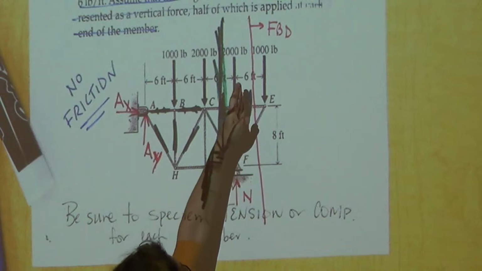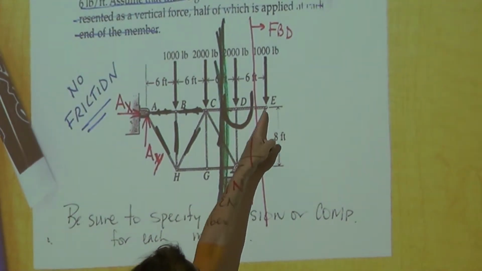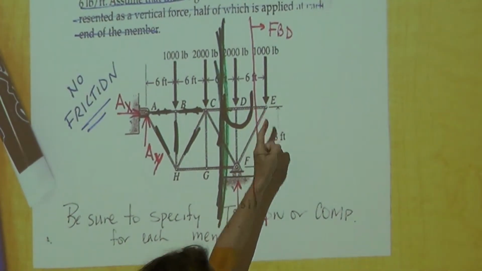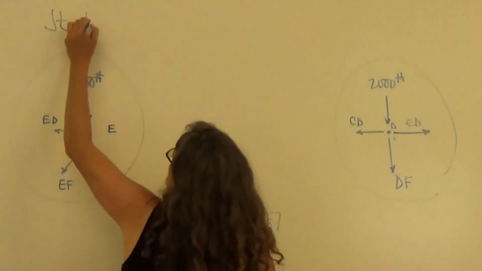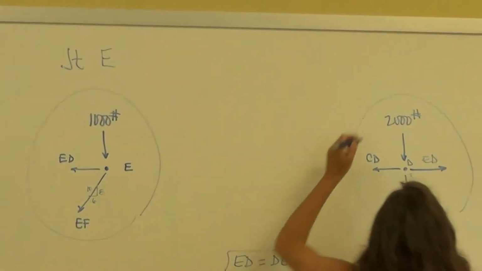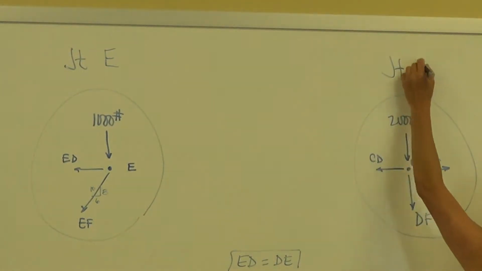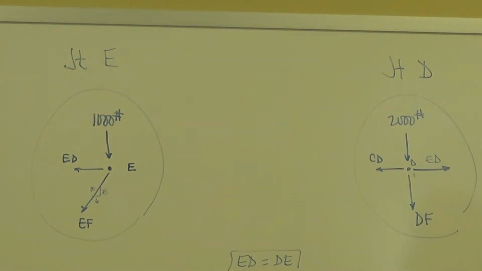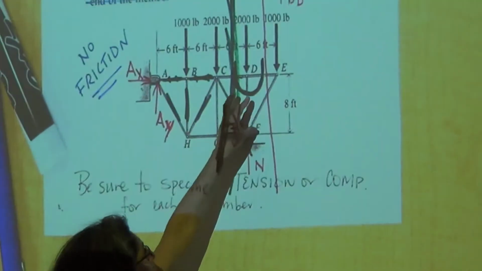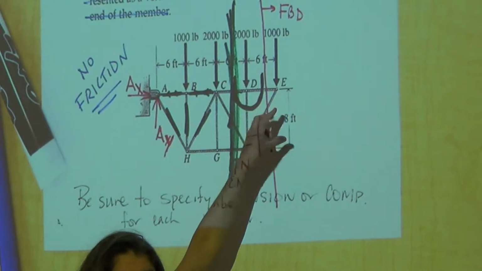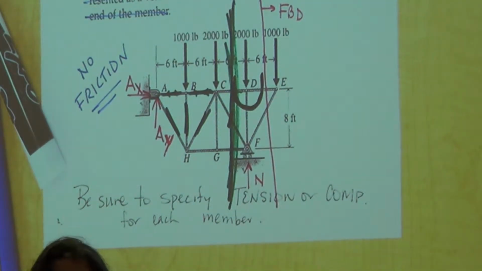So when I broke it with the red line and wanted to just do the right side, I really am doing a free body diagram of joint E. And here I'm doing a free body diagram of joint D. It's the same as separating it at the green, right? You're just seeing more of the truss. Here you're just really seeing one joint.